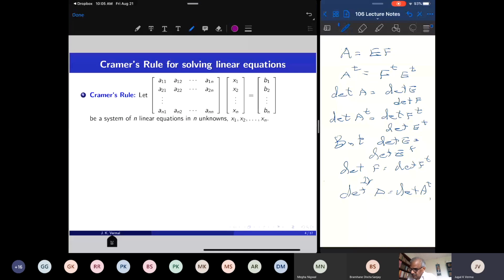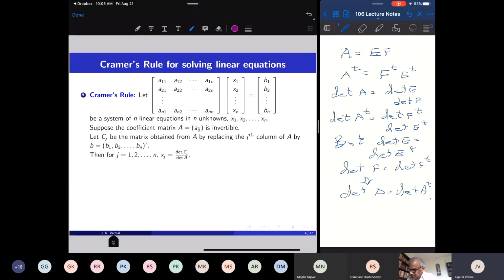Okay, so suppose the matrix is invertible. This applies when the matrix is invertible, because if the matrix is not invertible, then the row canonical form will have a 0 row, and therefore there is at least one free variable. Once there is one free variable, then there are infinitely many solutions.